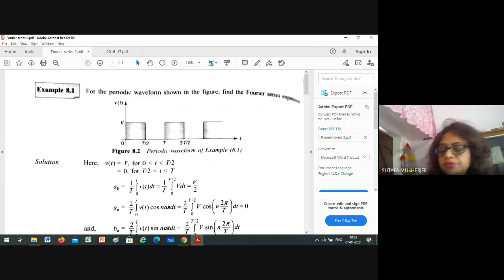So today again I will discuss a problem for a periodic waveform and how to determine the Fourier series for this particular waveform.